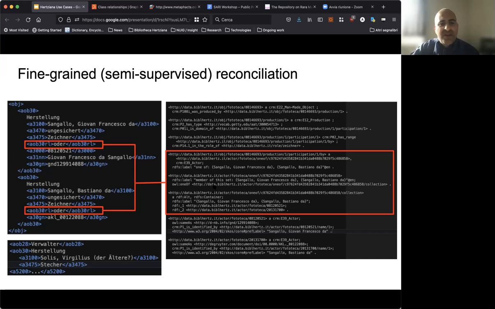Now, the way this would convert into RDF to the right, if you were to respect the ontological conventions that I will give you, is that you would have to create a lot of statements. You would have to create a specific class for that, which could be either of these Sangallos, and then an instance for one of them, a generic member of this class, and then you had to connect the participation in the creation of this object to this not better defined instance.